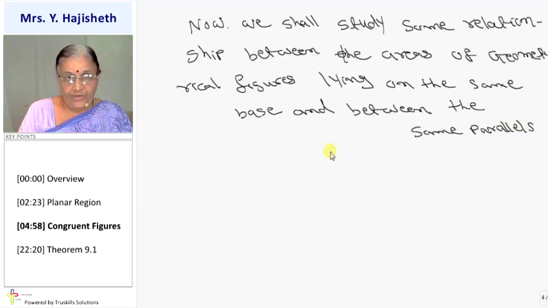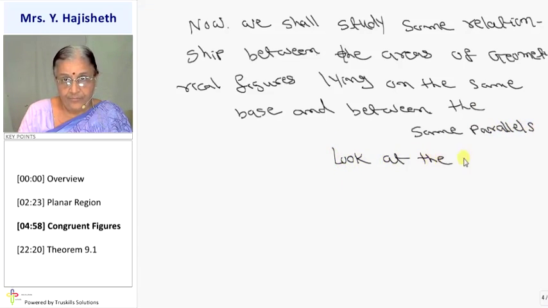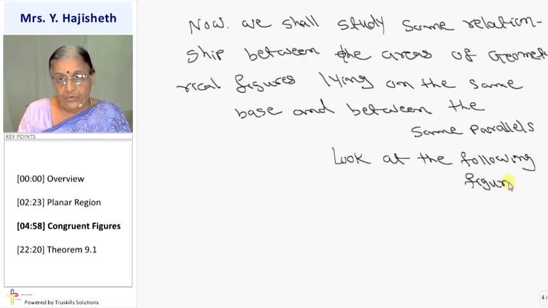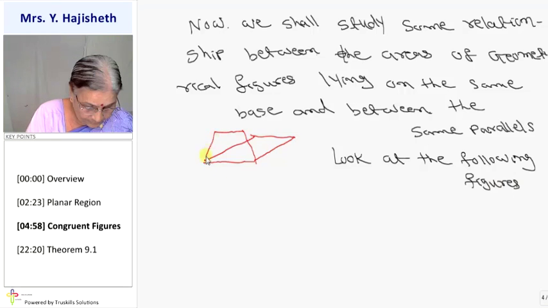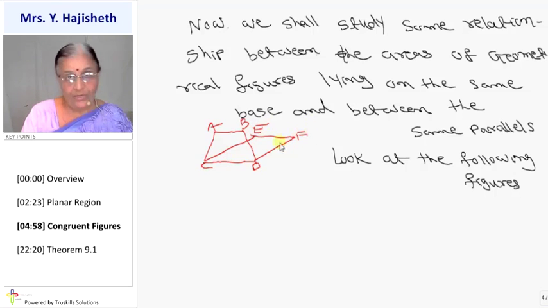Look at the following figures. Let me draw a figure, you watch. Now see, I give names A, B, D, C and E, F. Look here, what do you observe?